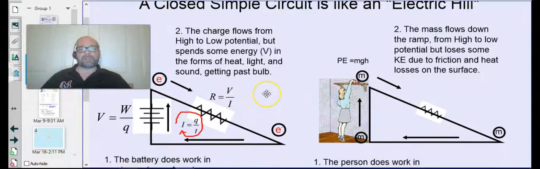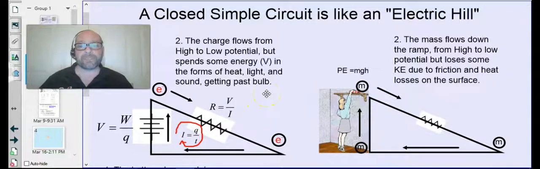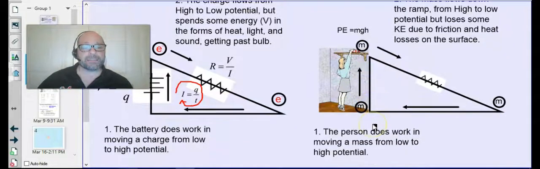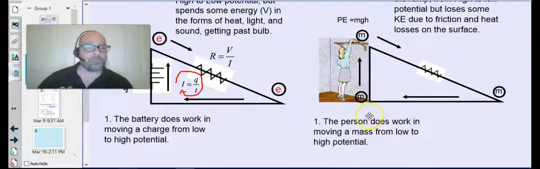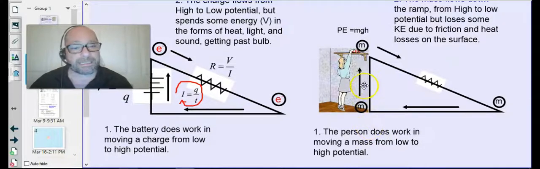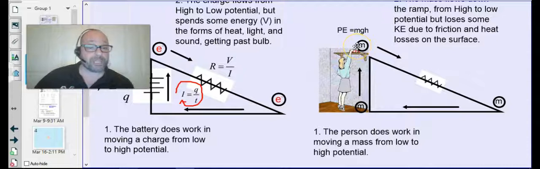Okay, the last thing we're going to look at in this video is how a simple circuit is like an electric hill. So what we're going to do is take a look at the picture on the right, and we see here a triangular inclined plane, and there's a woman lifting, say, a ball, and she places something up on top of the shelf, right?